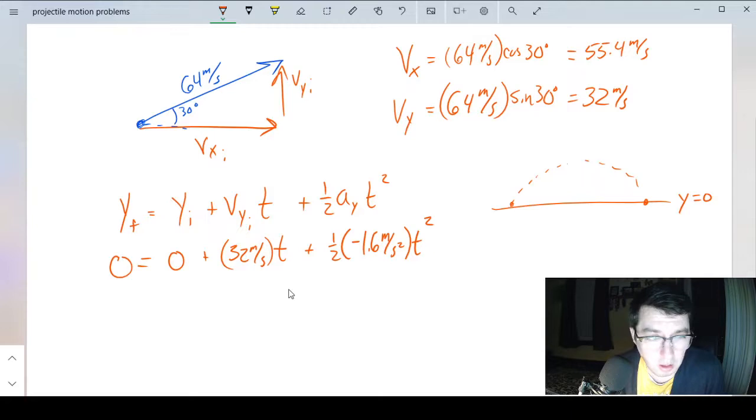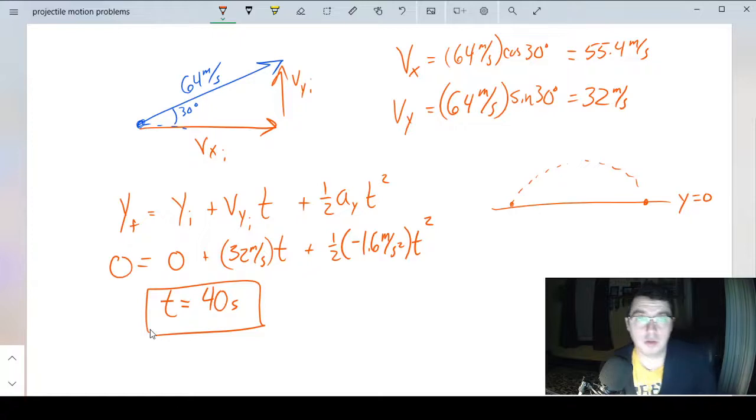I don't need the quadratic. I can simplify this. I'll let you do that on your own. In the interest of time, we'll say, okay, this is going to be a 40-second time interval. Anyone who's played golf knows that that's a pretty long time in the air for a golf ball. But we're on the moon. The reduced gravity is what makes this go so far.